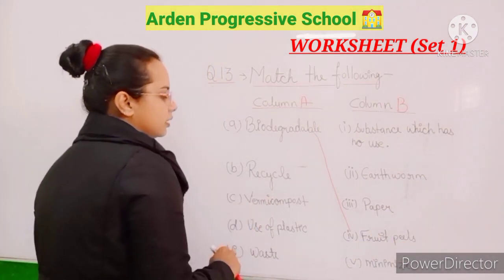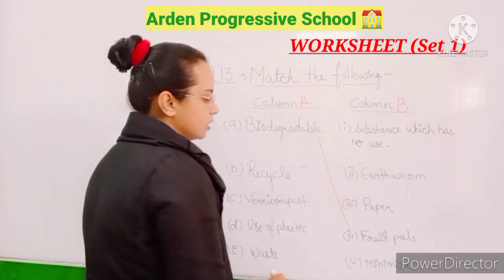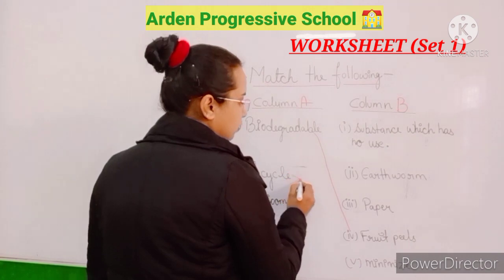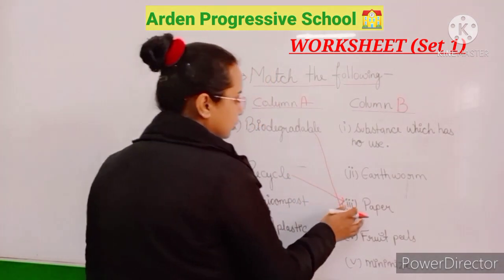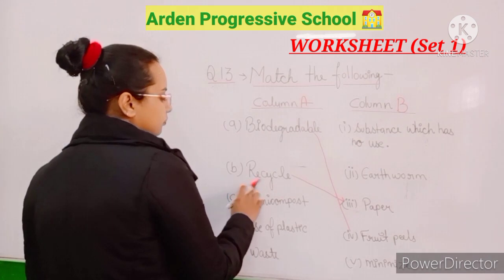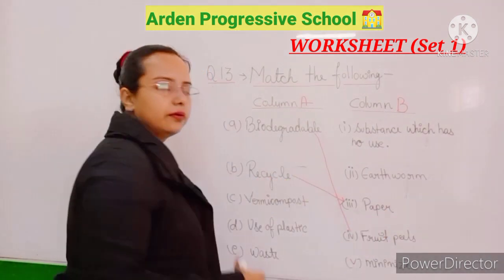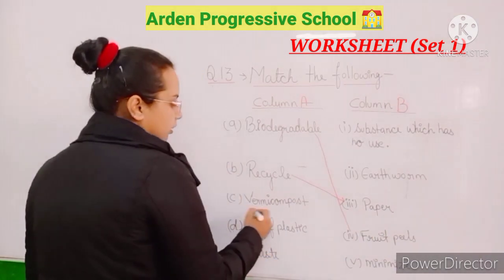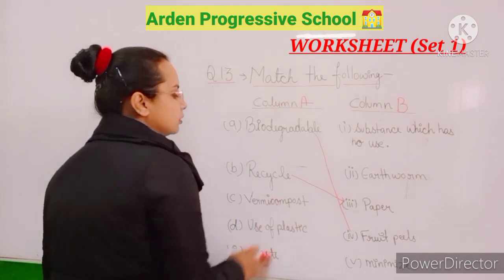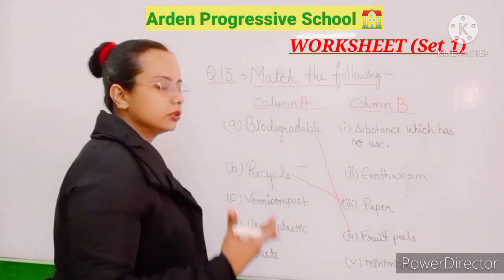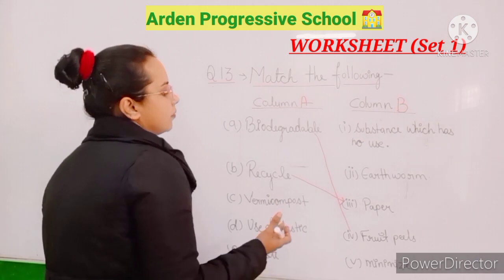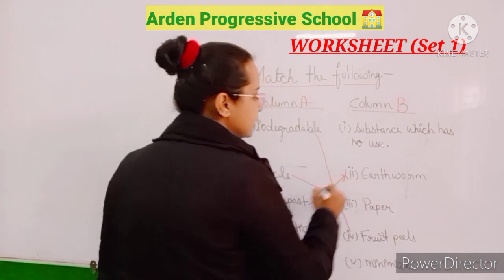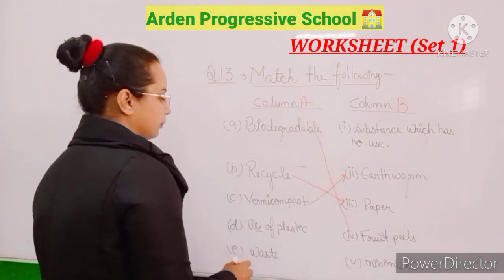Now the next one is recycle. From here you have to choose what can be recycled. So it will go with the paper, the third option. Recycle means the paper can be recycled. We can use it again and again. Now next is vermicompost. You know that vermicompost is the formation of compost with the help of earthworms. So this will go with the second, the earthworm.